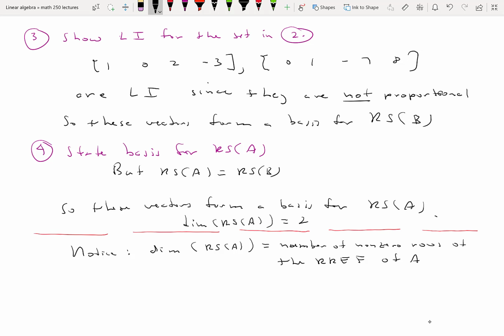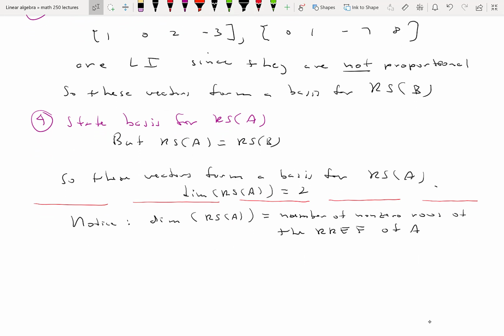Now, back to the system of equations in the null space. The number of non-zero rows in the RREF is exactly the number of non-free variables in the solution to the system of equations AX equals 0.